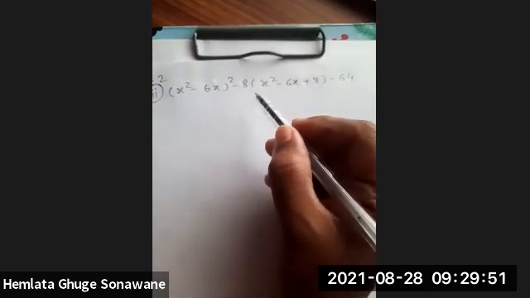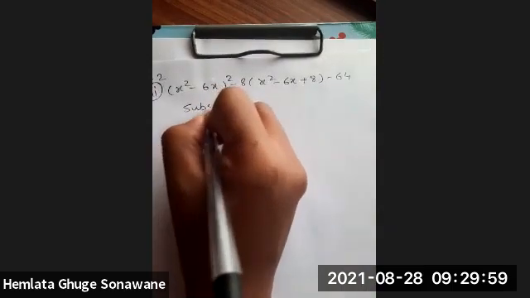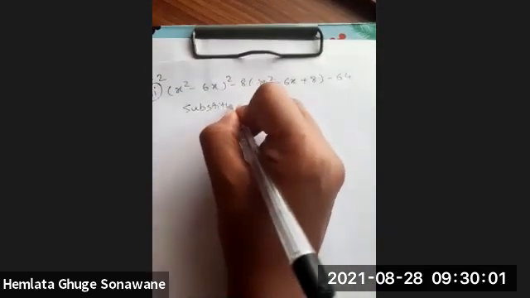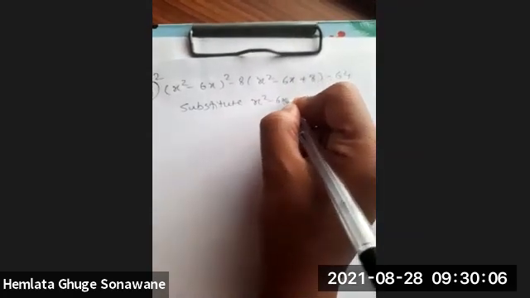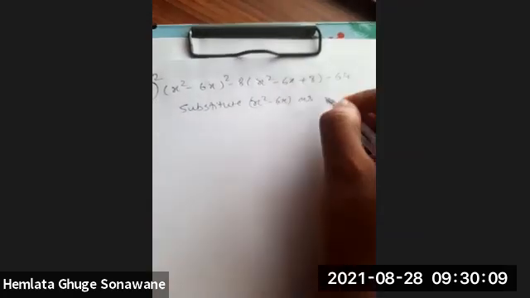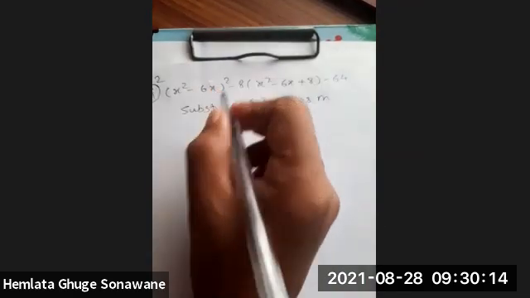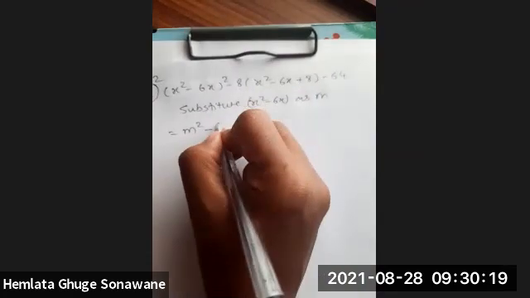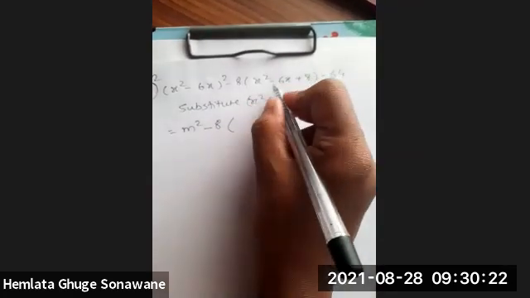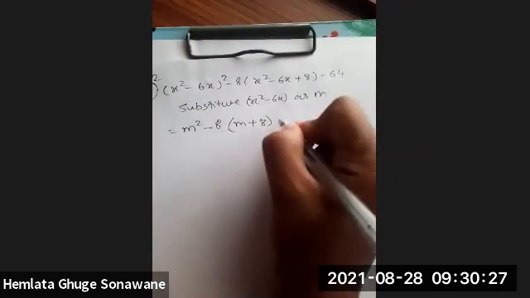Now here we'll take x square minus 6x as m. Substitute x square minus 6x as m. So we'll write it as m square minus 8 into m plus 8 minus 64.